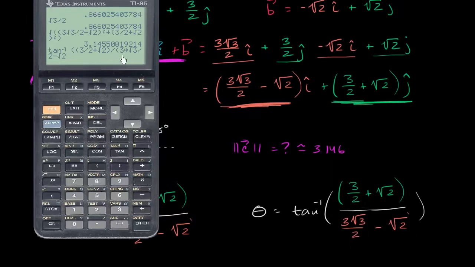The way the calculator will interpret the order of operations, it should be correct. So close the parentheses there, and close that parentheses there.